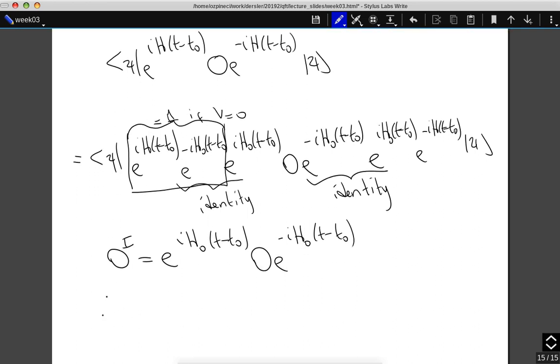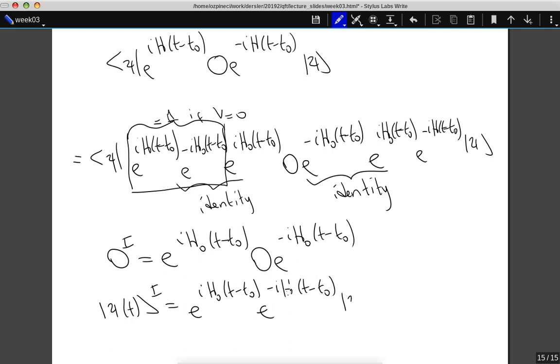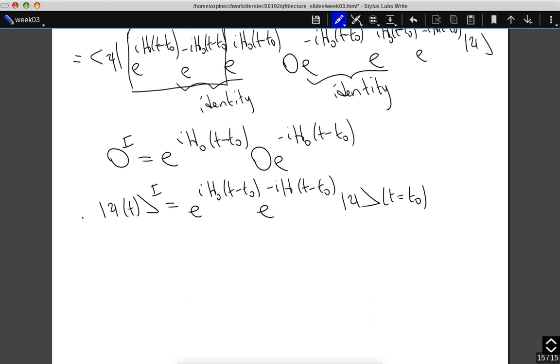And in the interaction picture, this is how we define the states. Remember, this is the state at t equal to t0. Essentially, I pick up a reference time, t0. And this is how it evolves in this interaction picture.